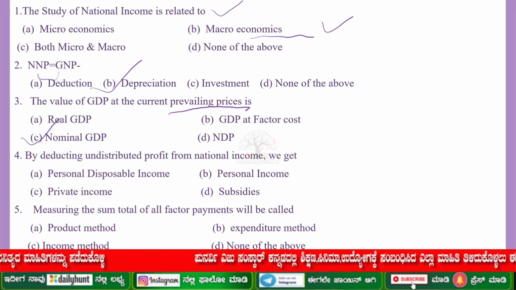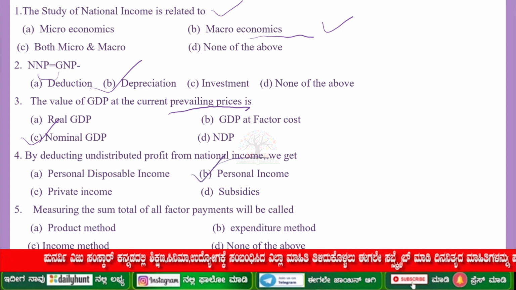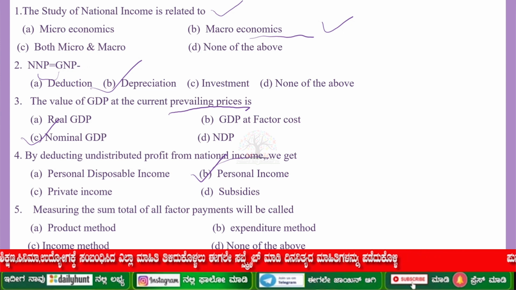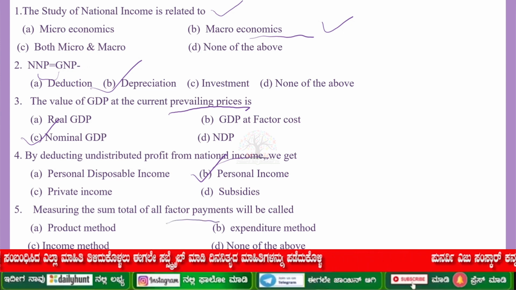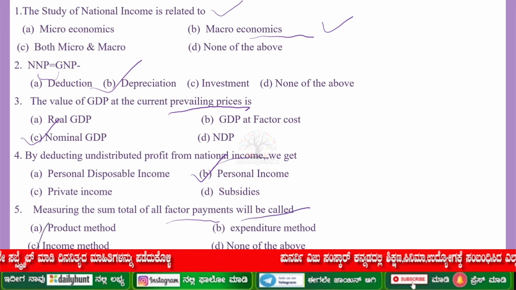By deducting undistributed profit from national income, we get personal income. Measuring the sum total of all factor payments, factor income, is called the income method.